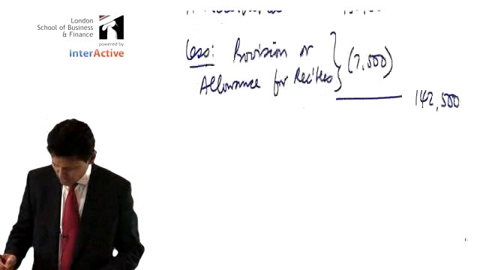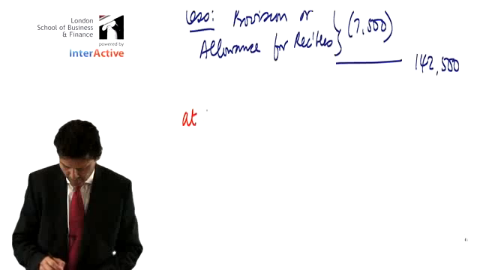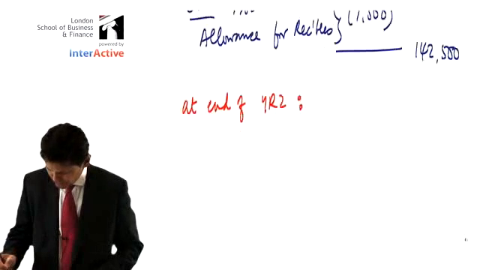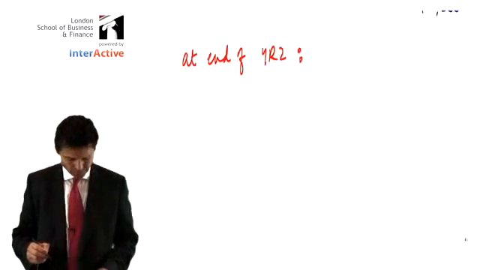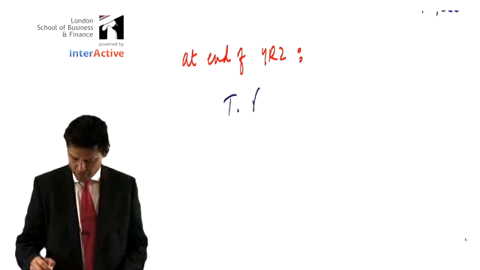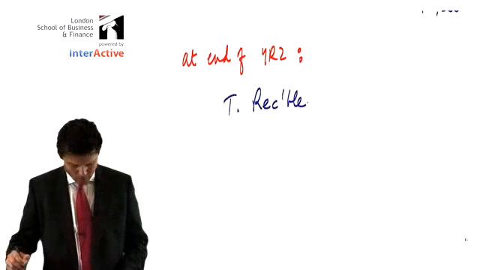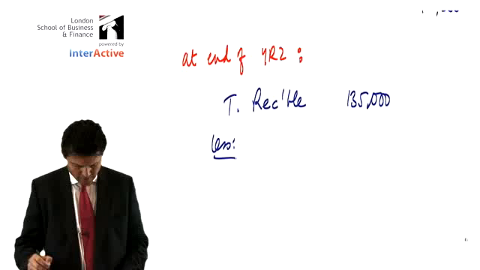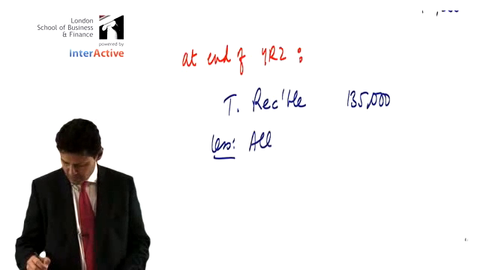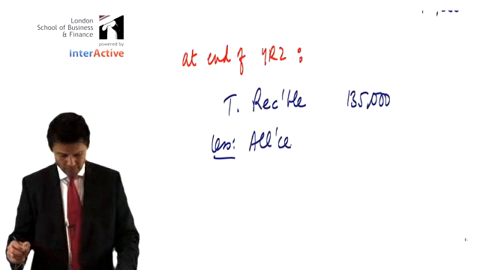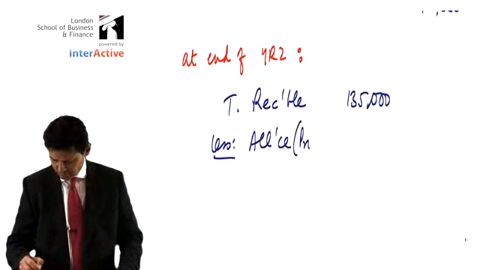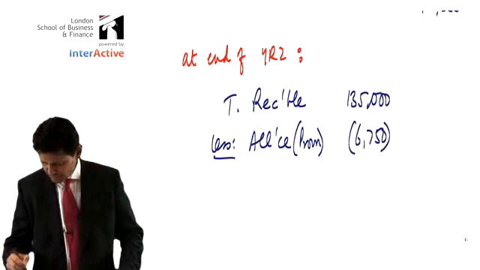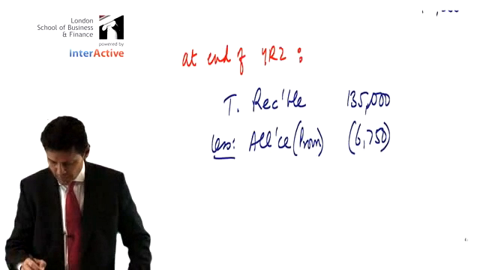Now, at the end of year 2, as you'd imagine, we have a trade receivable of 135,000, which is then reduced by the allowance or provision, whichever word you wish, which is 6,750.